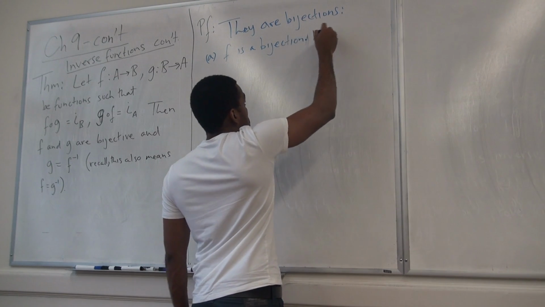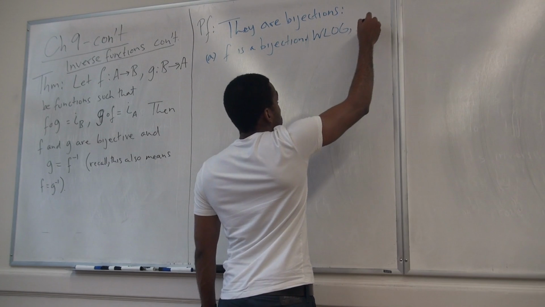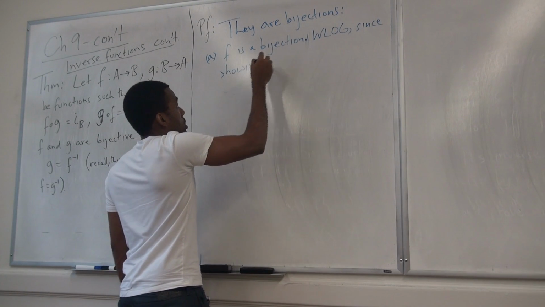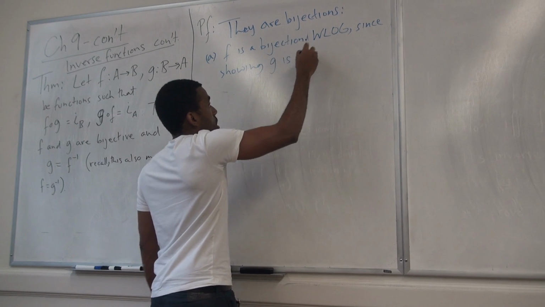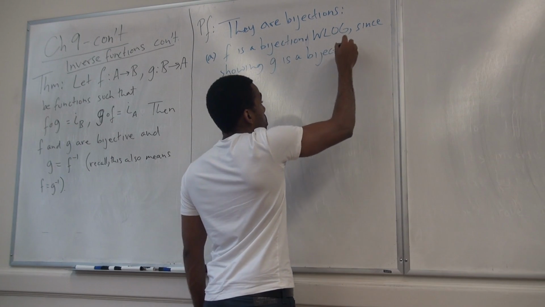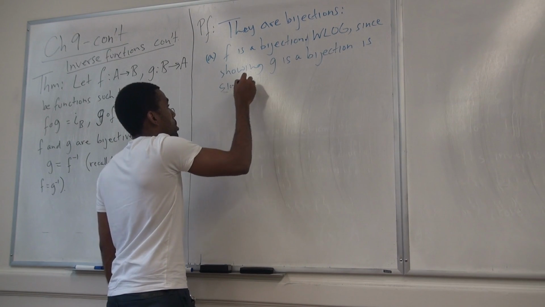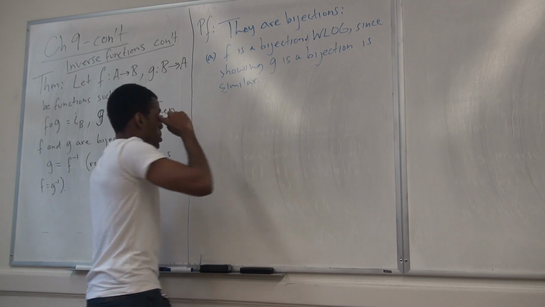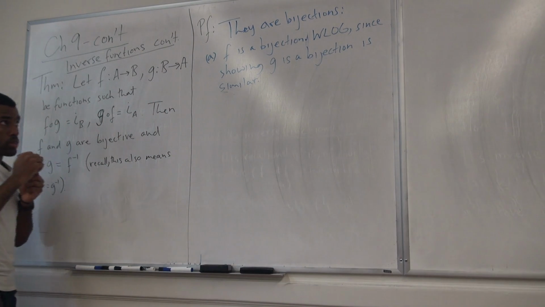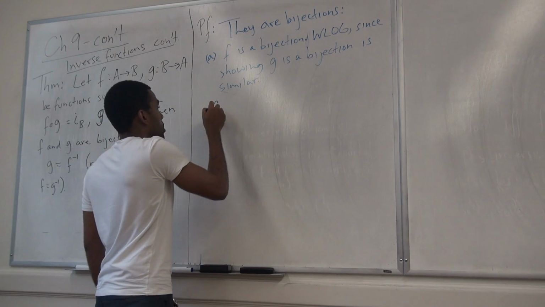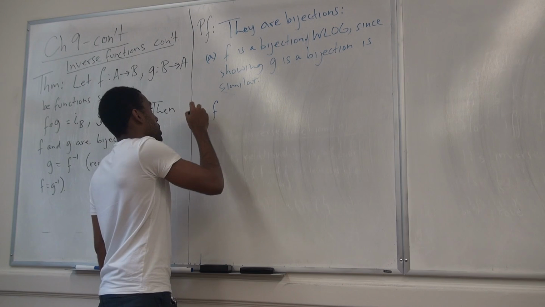And we can do this without loss of generality, since showing G is a bijection will be similar. So how do I know if F is a bijection? What do I have to show for something to be a bijection? Okay, so let's start. We need to show that F is one-to-one and onto.